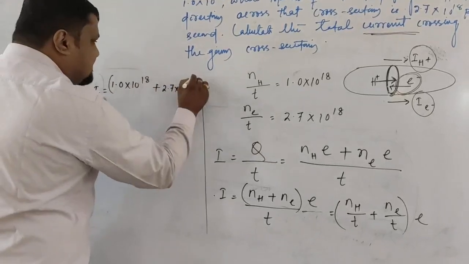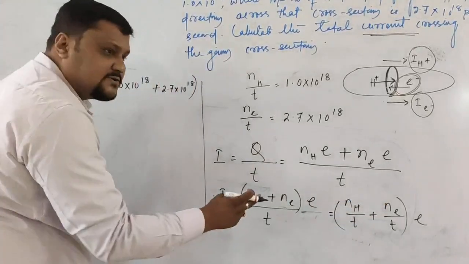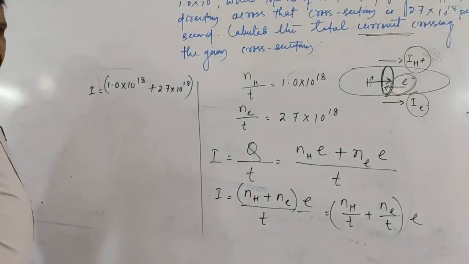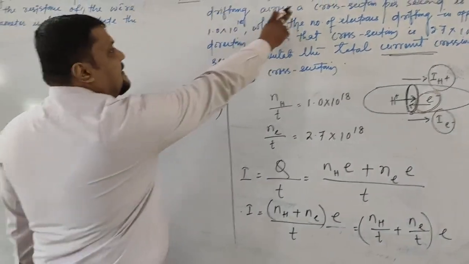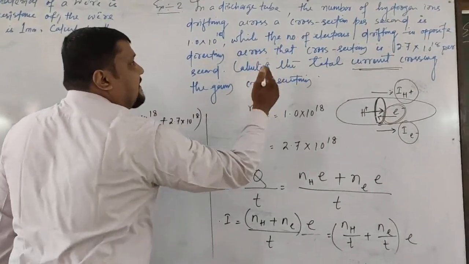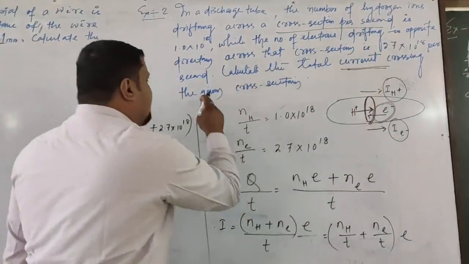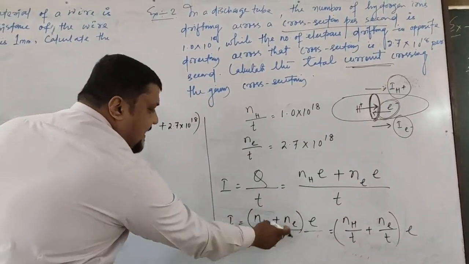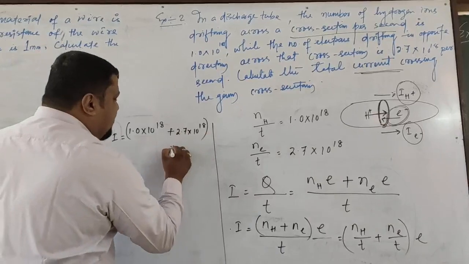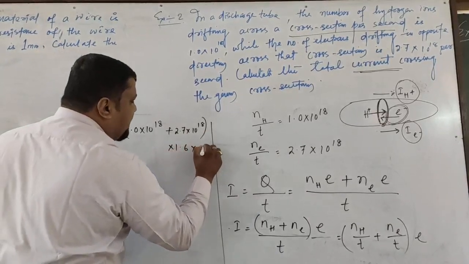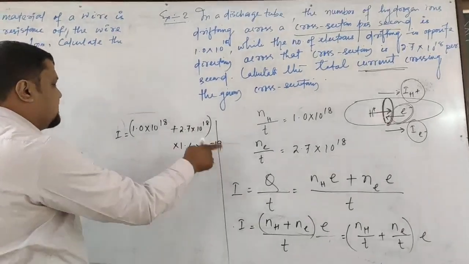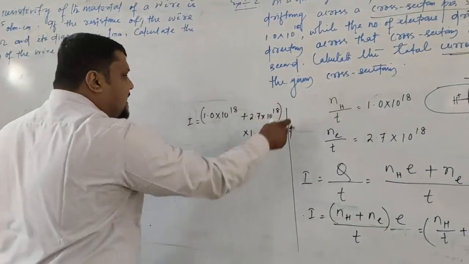This is the complete N H by T and N e by T, since it is given as crossing a cross section per second. Into the charge of the electron, 1.6 into 10 to the power minus 19. Right? So this is the total current.